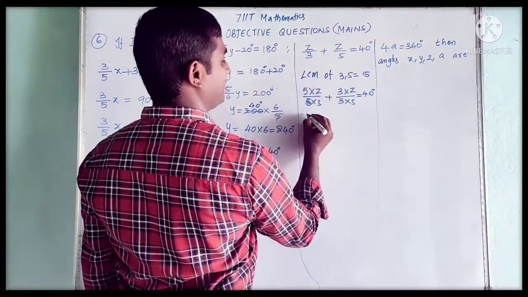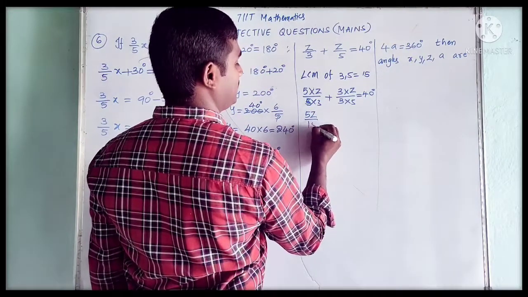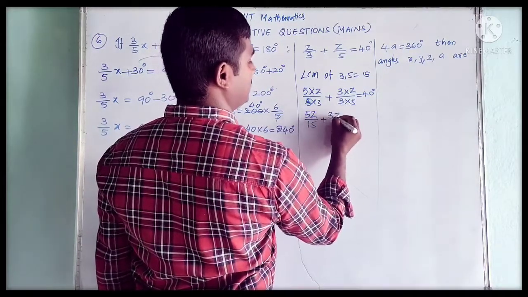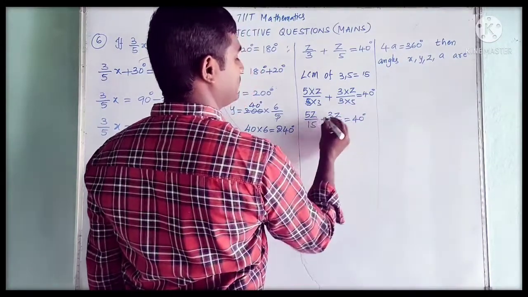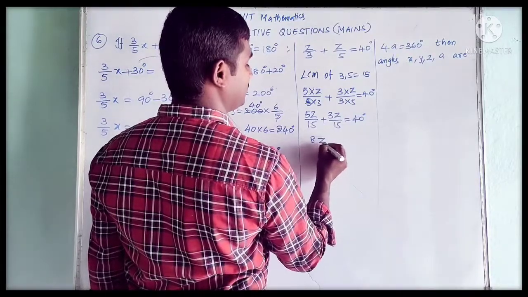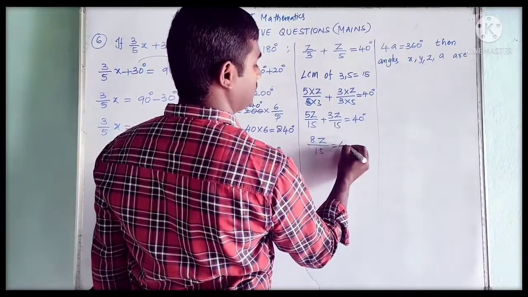So 5z/15 plus 3z/15 equals 40 degrees. So 5z plus 3z is 8z/15 equals 40 degrees.